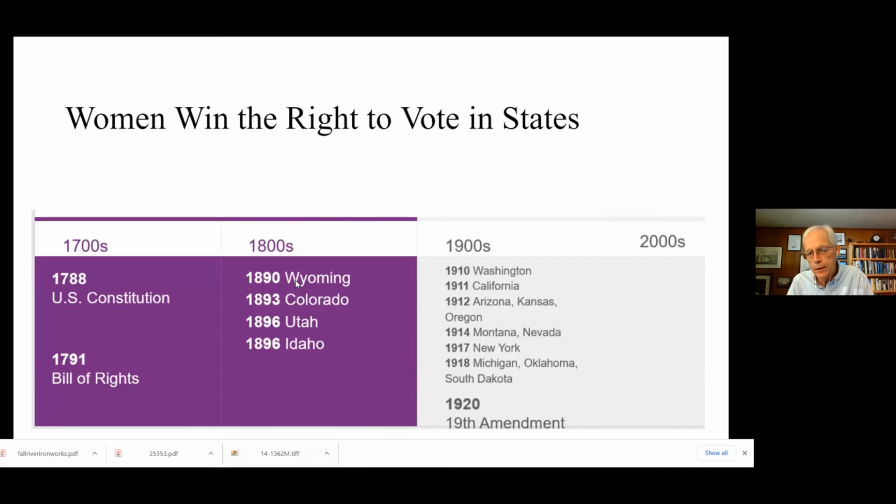In the 1800s, you had Wyoming, Colorado, Utah, and Idaho grant women the right to vote. Then in the 1900s, again, more Western states: Washington, California, Arizona. But the first Eastern state, New York, will grant women the right to vote only in 1917, the middle of World War I, and Michigan in 1918. So it's a kind of west to east movement.